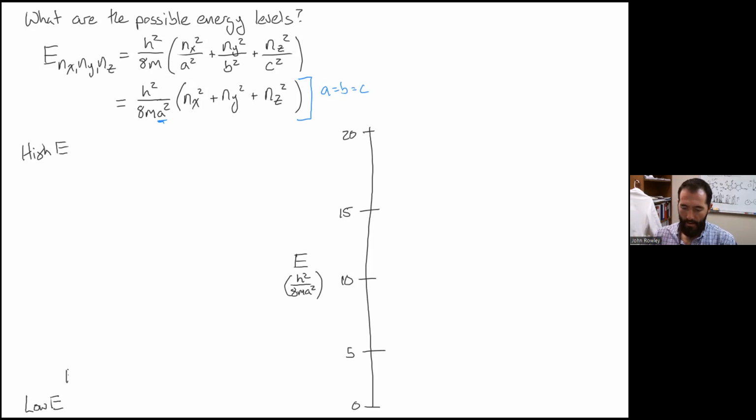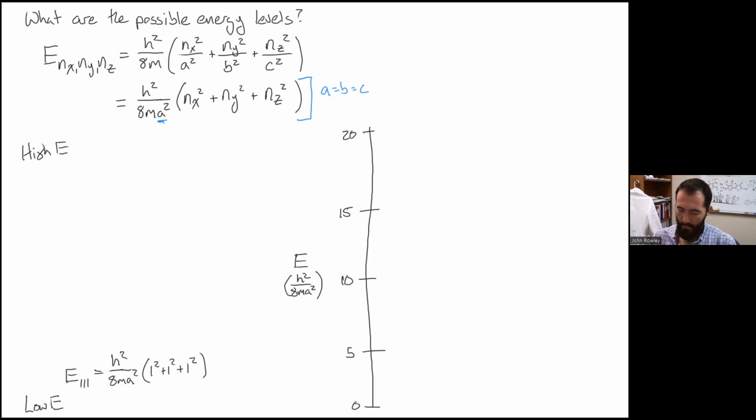So we would write that as the E111 level, and its energy would be equal to h squared over 8m a squared multiplied by 1 squared plus 1 squared plus 1 squared. That's how we calculate the energy of the lowest energy state.